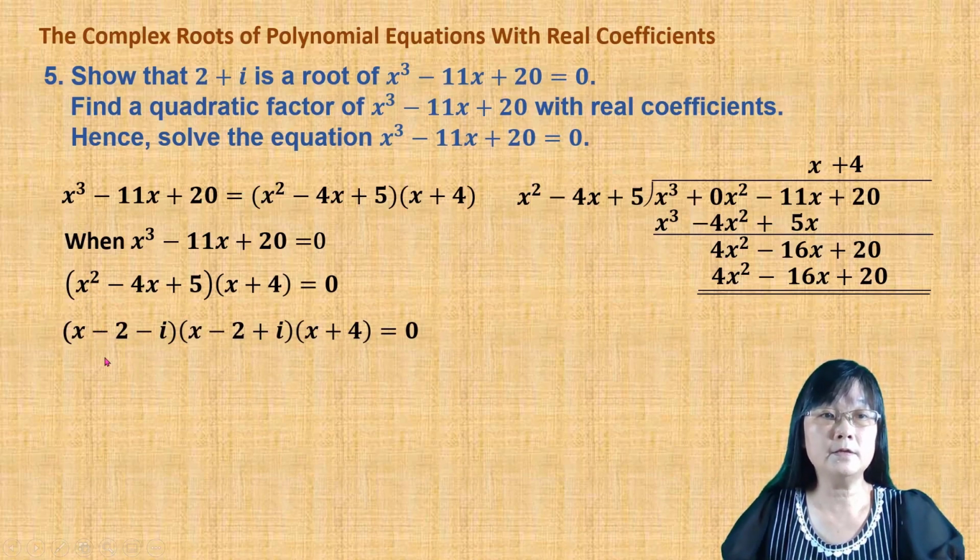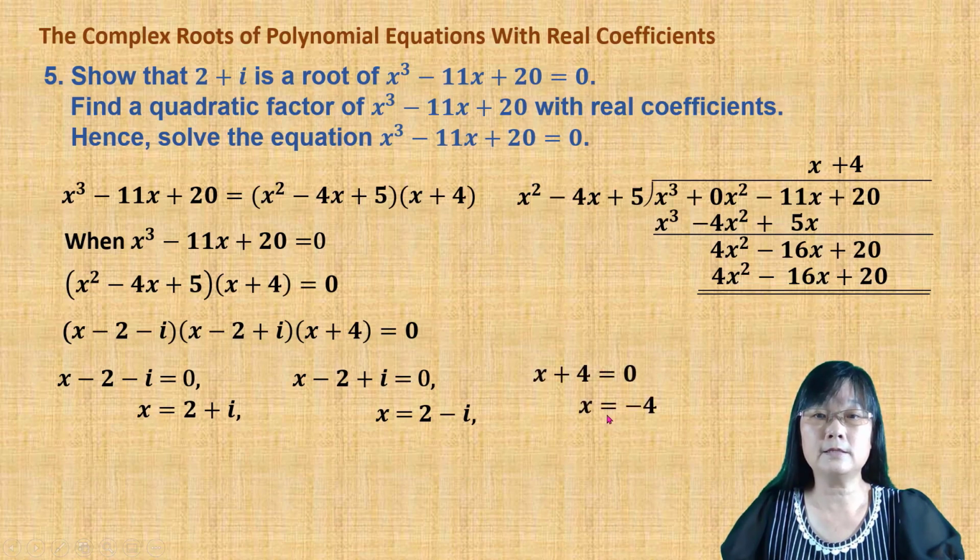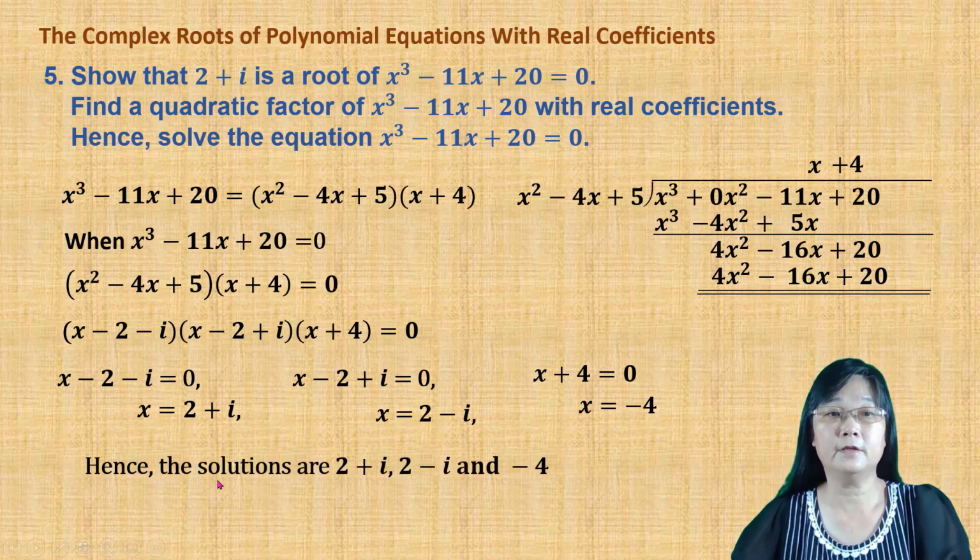From here, we find the first root, that is, the value of x is 2 plus i. Then we get x is 2 minus i. Then from the other factor, we get x is -4. Therefore, the solutions are 2 plus i, 2 minus i, and -4.